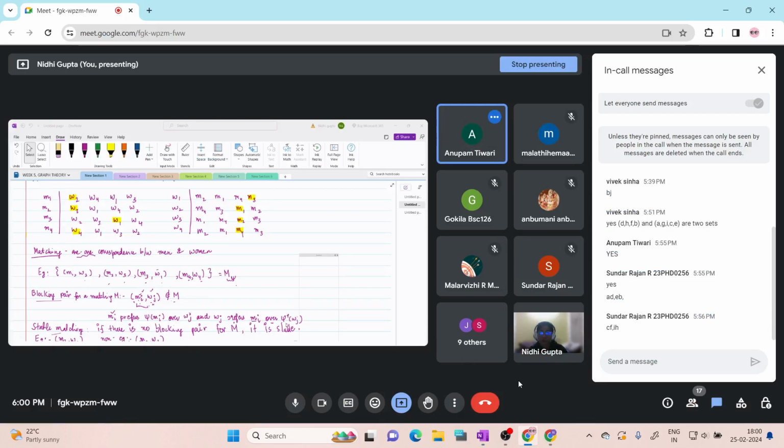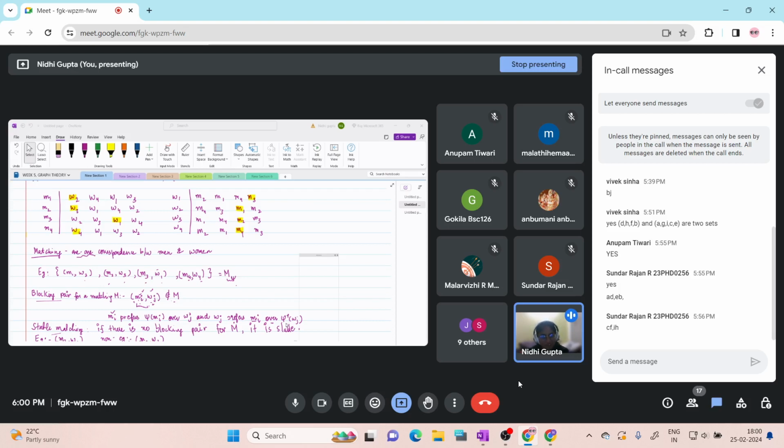Blocking pair is defined with respect to a matching. Ma'am, my question is, if I find a stable matching and then say a blocking set is not part of this, then I will say it is a blocking pair? No. If you have a stable matching, then any other pair other than the matching cannot be a blocking pair. That is the definition of stable matching.